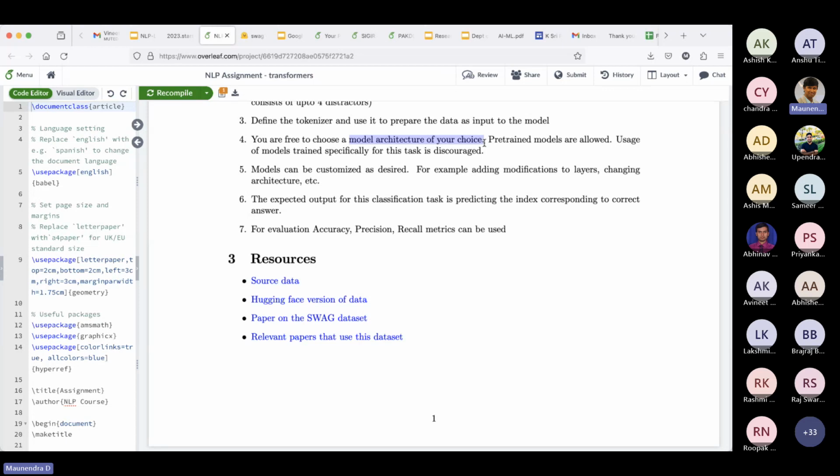But the goal here is that you'll be training the network based on this task requirement. So pre-trained models are allowed, but usage of models which are trained specifically for this task, that is discouraged. And models can be customized as desired. So you can add more layers, activations, other things you can change.